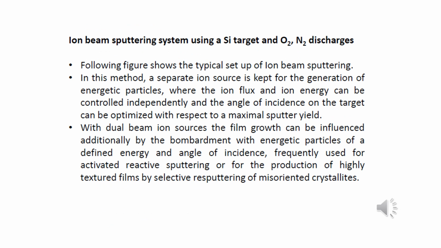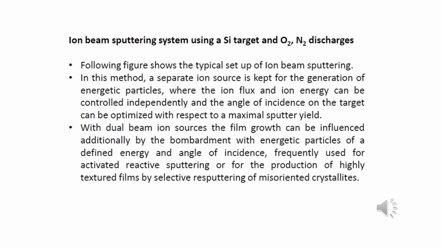Now we are going to study the ion beam sputtering system using a silicon target and oxygen and nitrogen discharges. The following figure shows the typical setup of ion beam sputtering. In this method, a separate ion source is kept for the generation of energetic particles, where the ion flux and ion energy can be controlled independently and the angle of incidence on the target can be optimized for a maximal sputter yield.